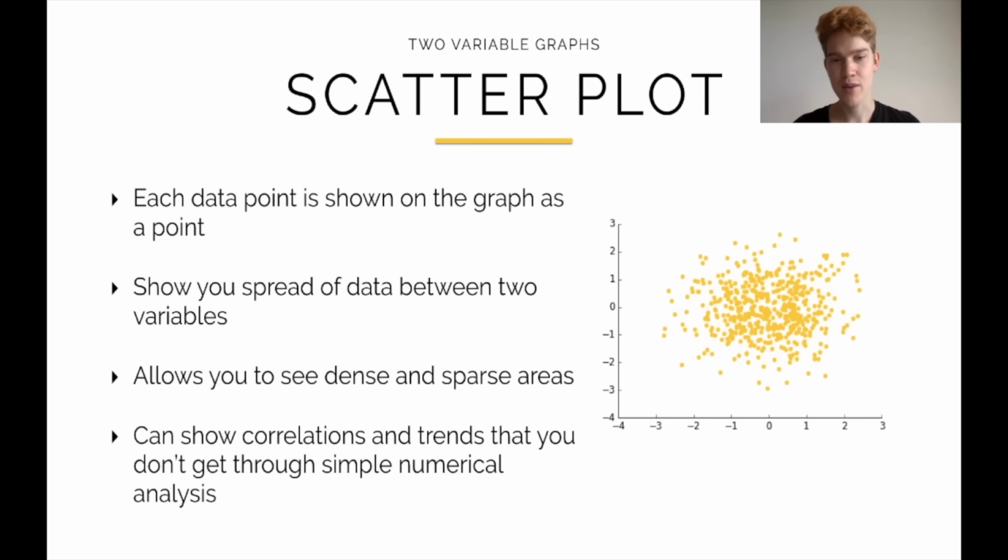And through that, we can also see more dense areas, some sparser areas, and we can also look at correlations. So maybe you remember in the lecture where we talked about correlations, we were able to see through scatter plots where those correlations were or where there weren't any correlations. So all of these things, that's what scatter plots are really nice for.